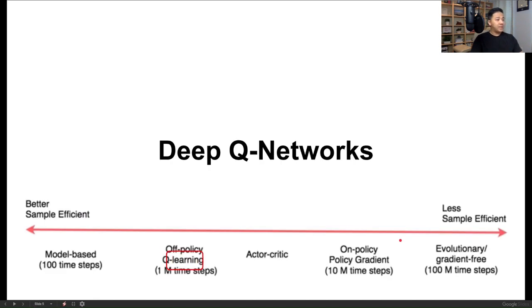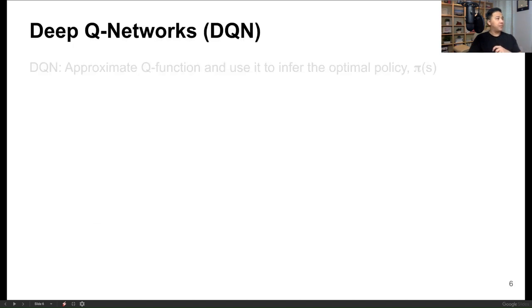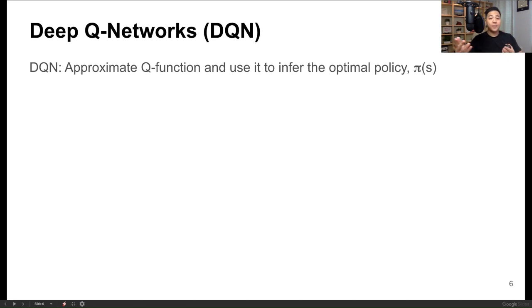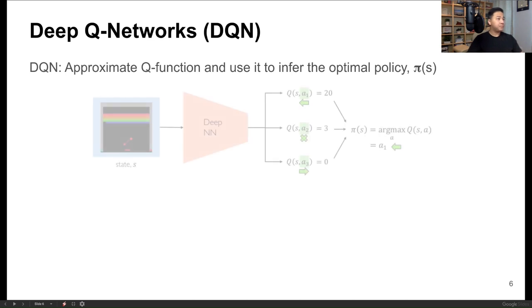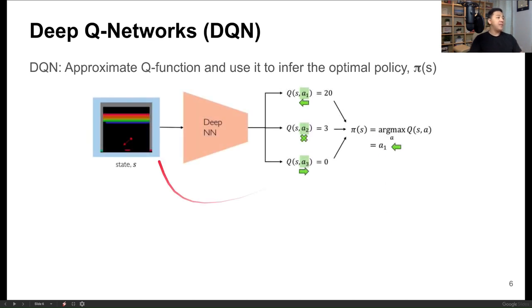Okay, so that's the Q network right here in that assembly of different algorithms. The Q network tries to approximate the Q function and uses it to infer the optimal policy, in this case pi of s. And you see here, feeding in the state, the deep Q network would generate different Q values given the state, for each of the actions, right?